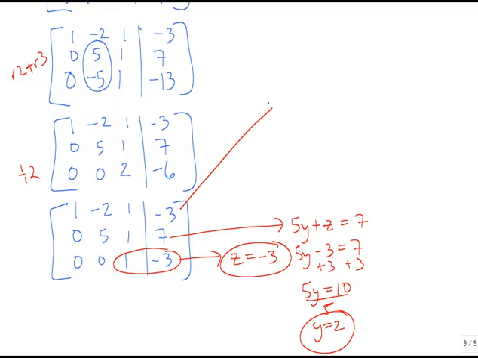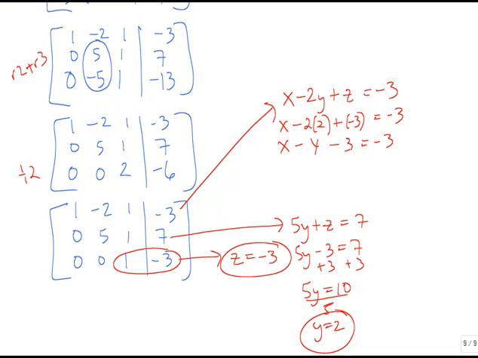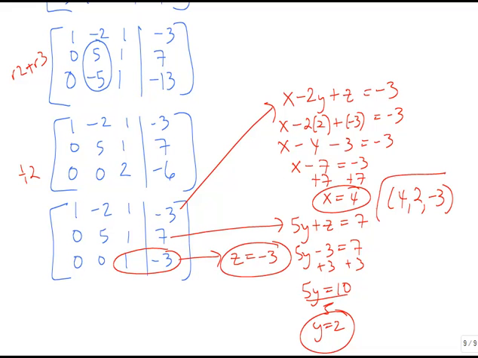And then if I go all the way to the top, x minus 2y plus z equals negative 3. So if I substitute in 2 for y and negative 3 for z, we get x minus 4 minus 3 equals negative 3. X minus 7 equals negative 3. So x equals positive 4. So my final solution is 4, 2, negative 3.